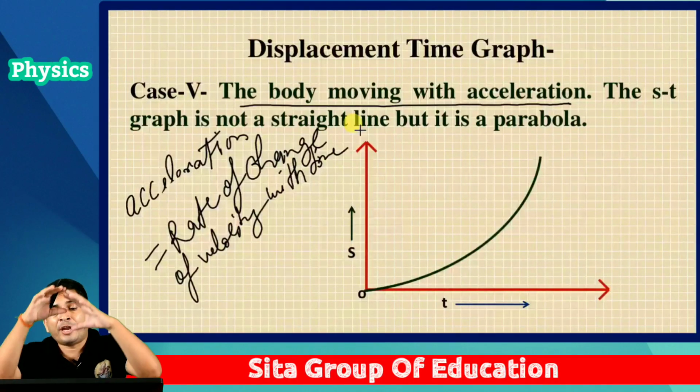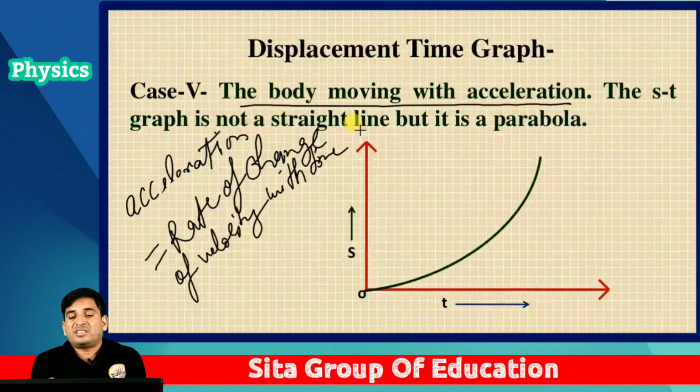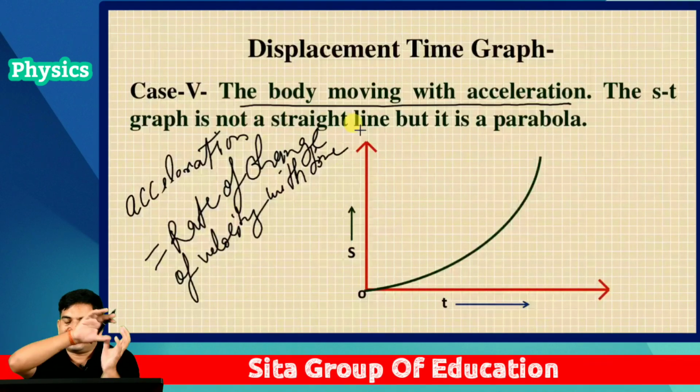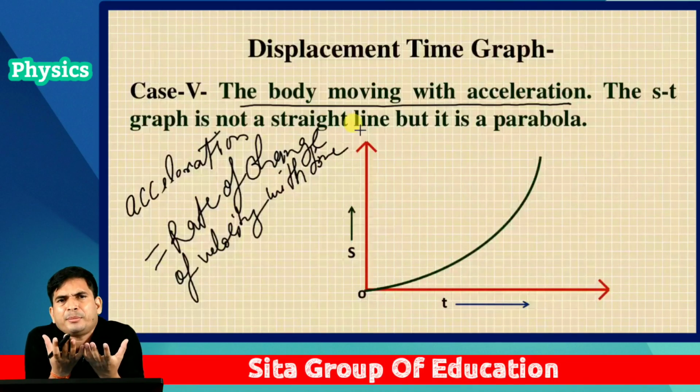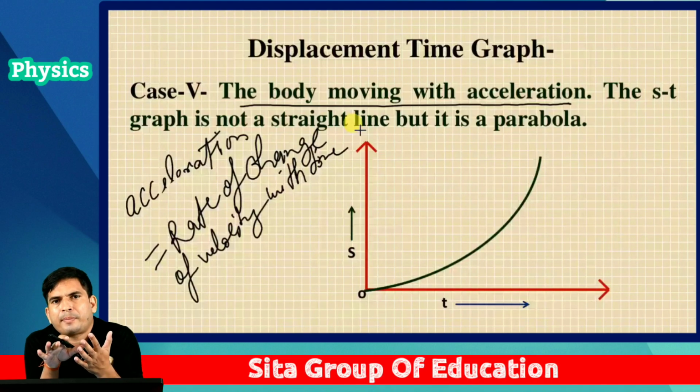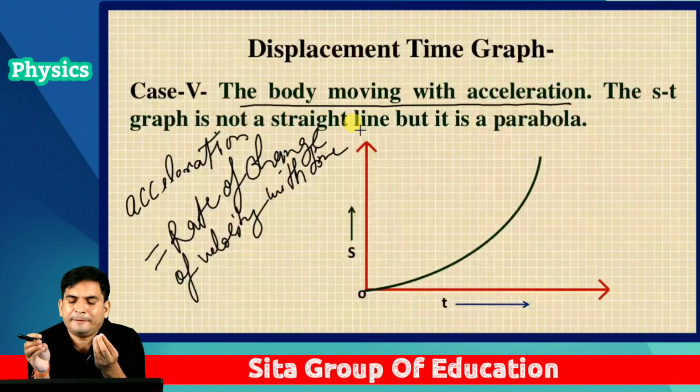The body moving with acceleration means there is a change in the velocity. As time passes, velocity changes, so there is acceleration. Why is the body moving with acceleration? It means simply it has a changing velocity. At a particular time it changes its velocity.